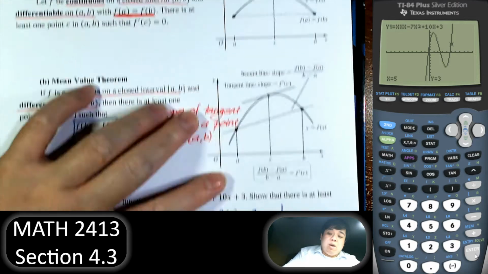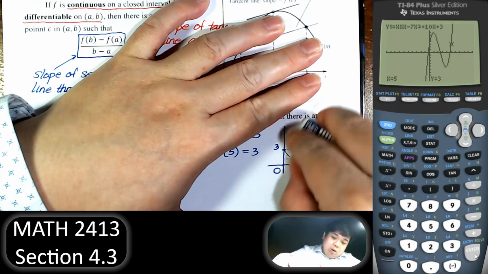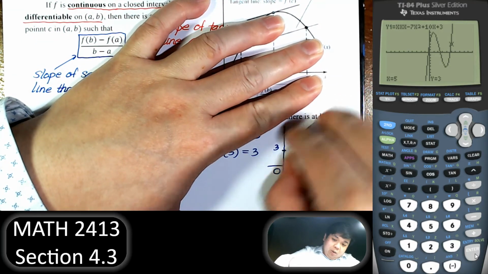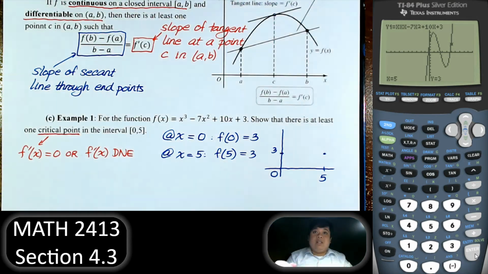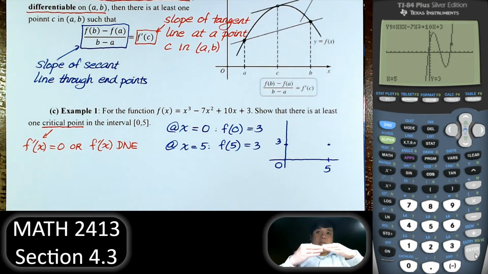So this is a special case, which we call Rolle's theorem, where the endpoints have the same y values, the same level. If we have the same level at the endpoints, there must be a critical point in between, if the function is continuous and differentiable.